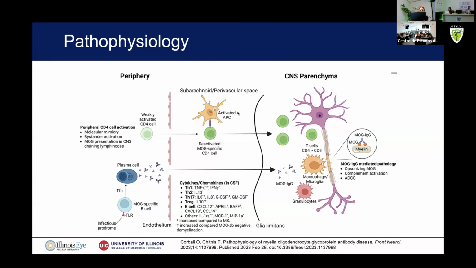These MOG-specific IgG antibodies are then thought to activate the complement system, as well as mediate antibody-dependent cellular cytotoxicity, ultimately leading to optic nerve inflammation and damage.